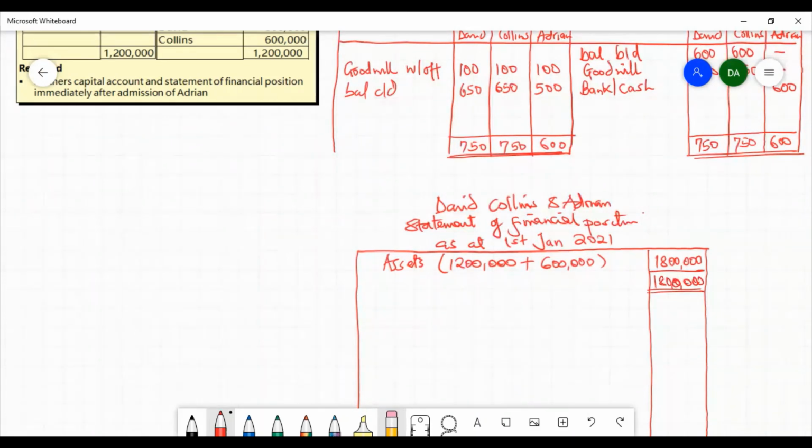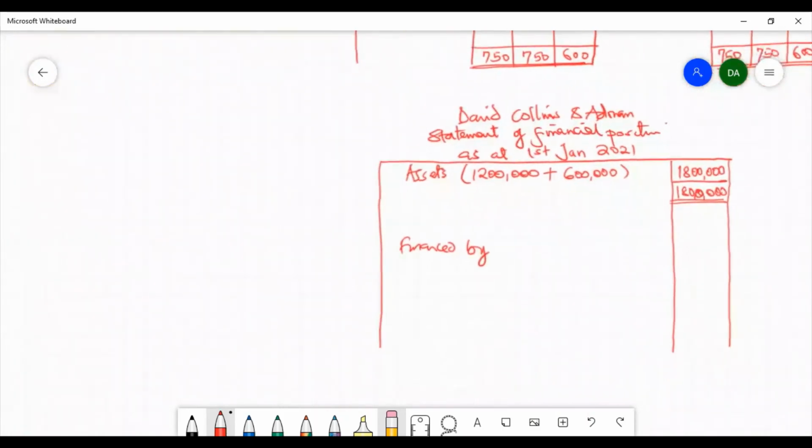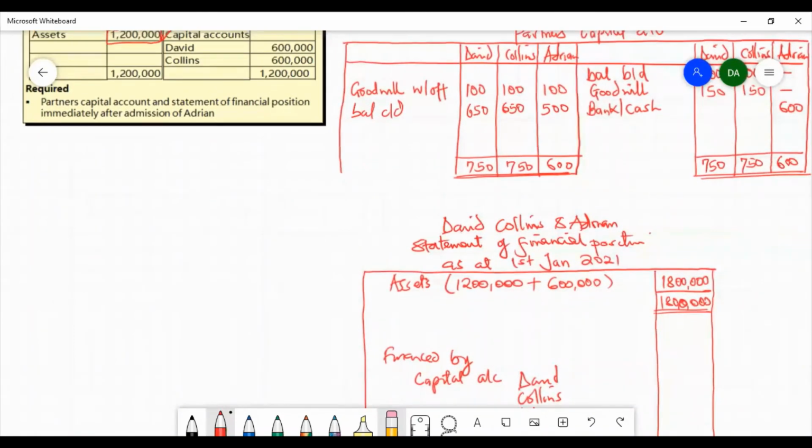Then that is financed by capital accounts for the partners. And the capital accounts are for David, Collins, and Adrian. So for David, the capital balance, and we are taking the balances carried down, as I said, we will be picking the balances carried down in the partner's capital account.